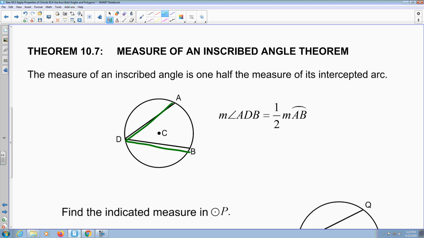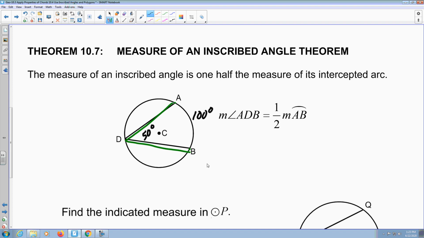It is intercepted by this arc right here, AB. So why is that useful? It's telling us that whatever this arc measure is, let's just say it was 100 degrees, the angle that's inscribed is just going to be half the measurement. So this would then be 50 degrees.